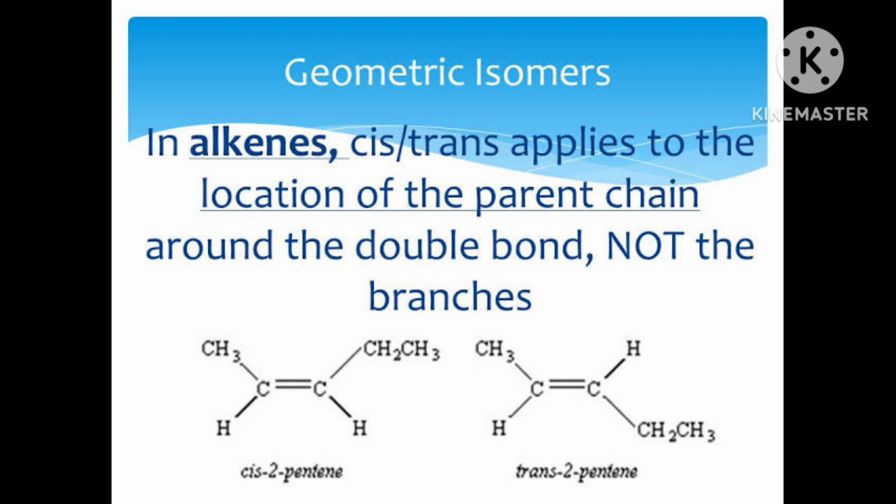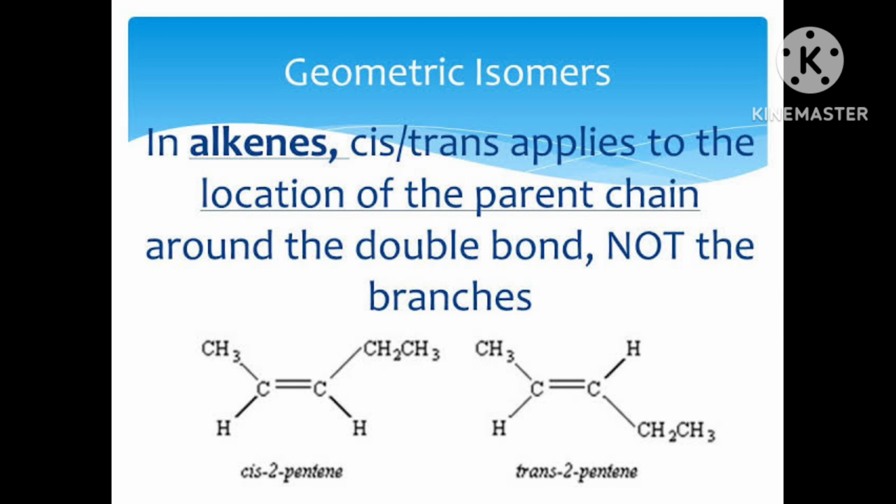The isomer of the first type, in which two identical atoms or groups lie on the same side of the double bond, is called the cis isomer, and the other isomer, of the second type, in which identical atoms or groups lie on the opposite side of the double bond, is called the trans isomer.